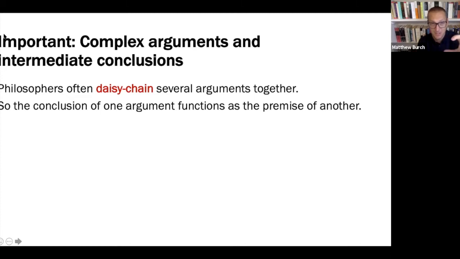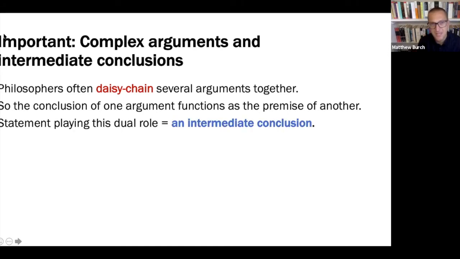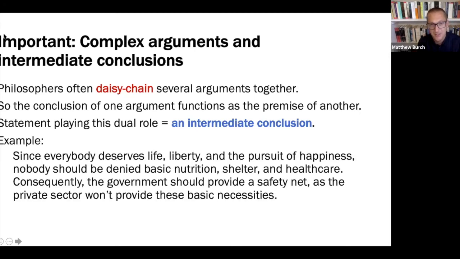So you have two arguments linked together by a premise that serves as a conclusion and also as a premise. When a statement plays this dual role, it's called an intermediate conclusion.